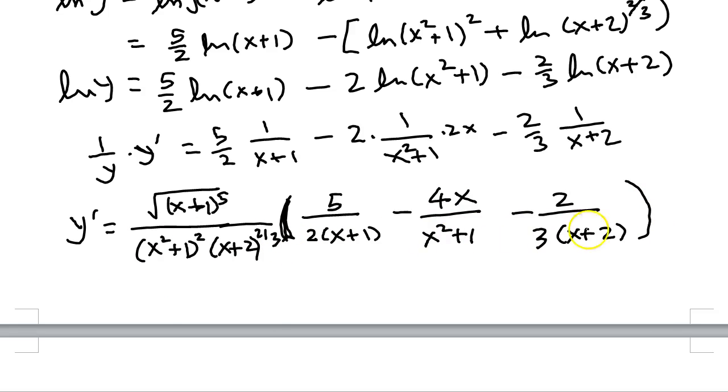Okay, and that's it. This is everything. Okay. So that's how you differentiate using the logarithmic differentiation.